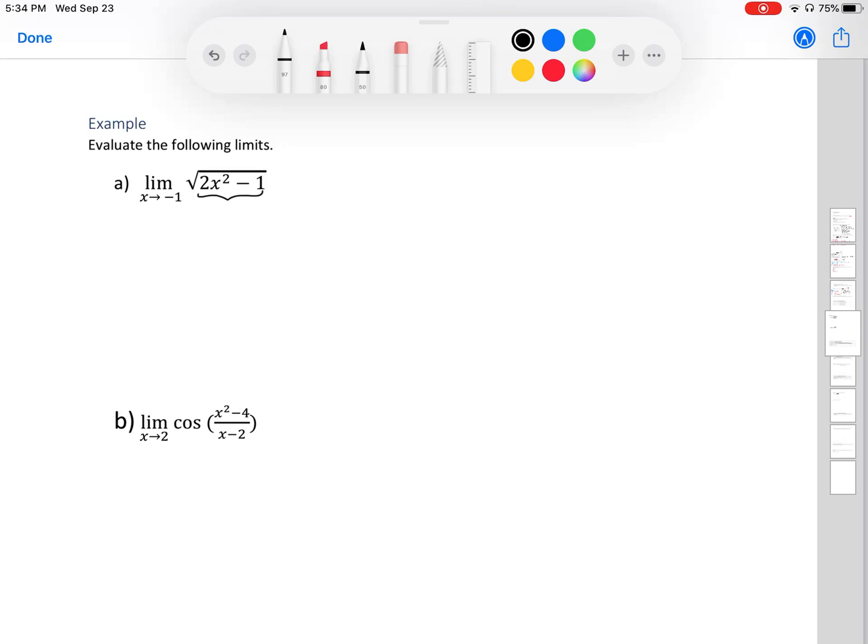So if this is like your function g, g of -1 is equal to 2 times -1 squared minus 1. So we get 2 minus 1, which is just 1. Alright, and we'll be fine because the square root of 1 is defined. So then we can say that yes, it is continuous.